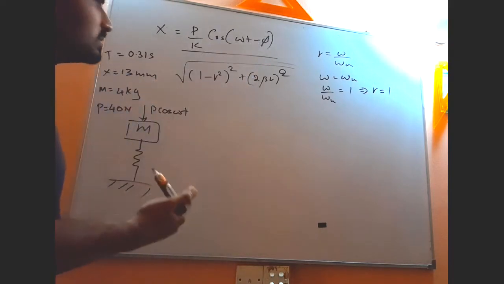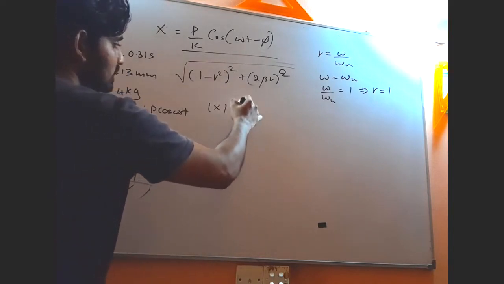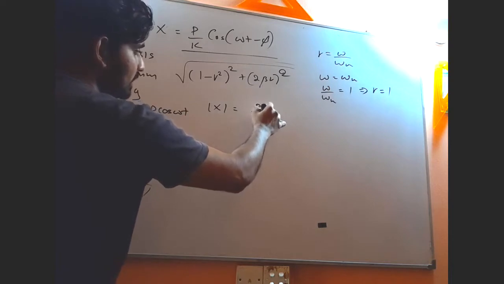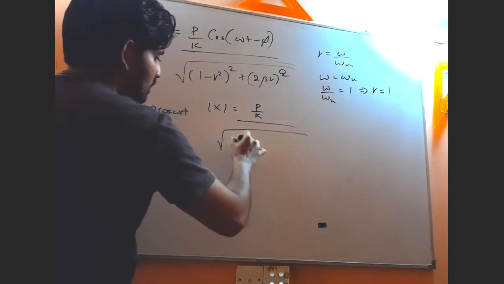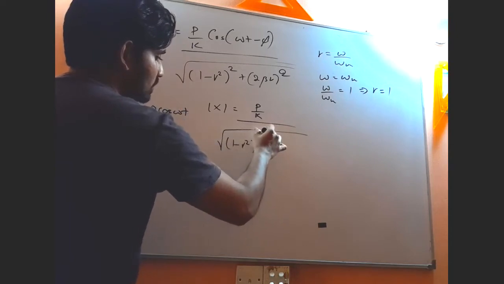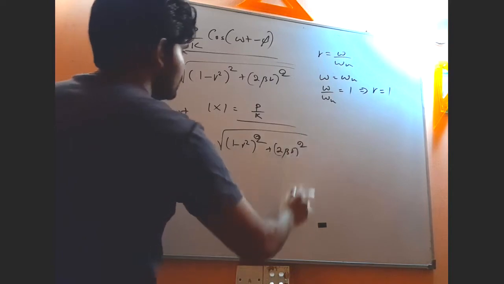The amplitude modulus equals P divided by K divided by the square root of [(1 minus r squared) whole squared plus (2 beta r) whole squared].